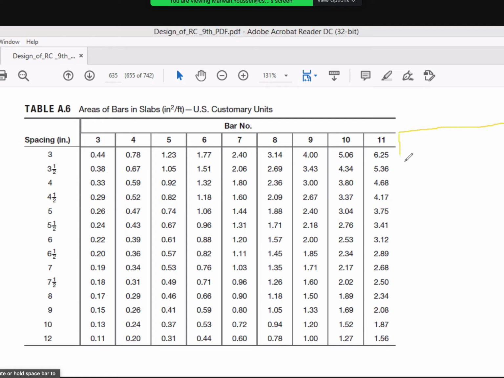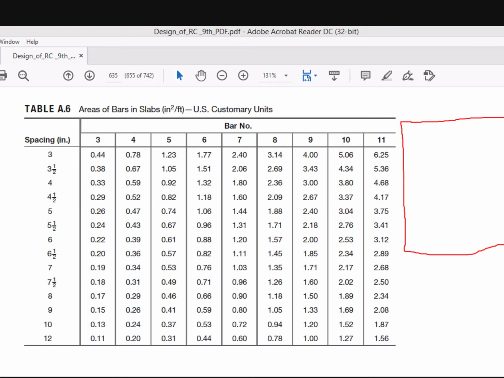So let me change the color here. Let's say this is our slab, and let's say this is our beam.